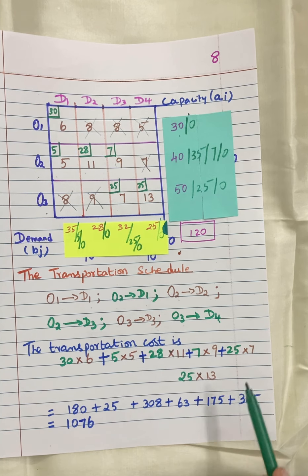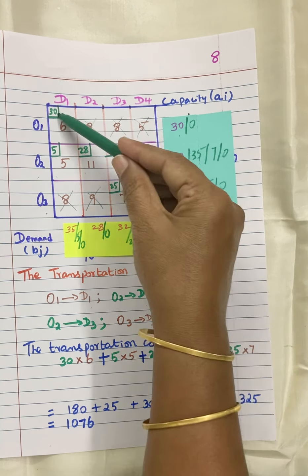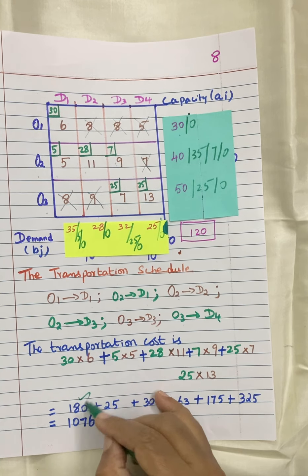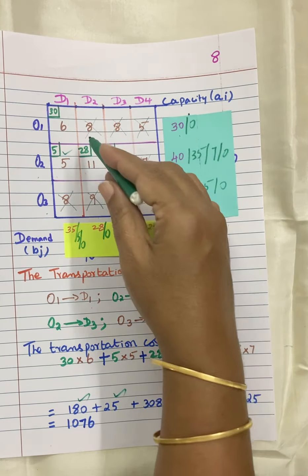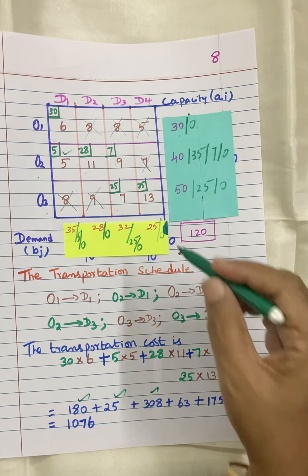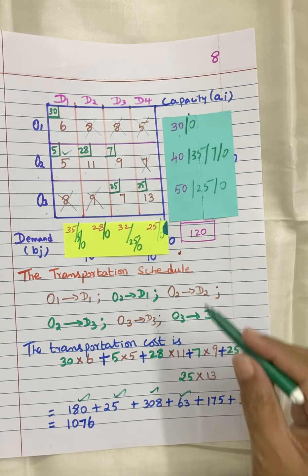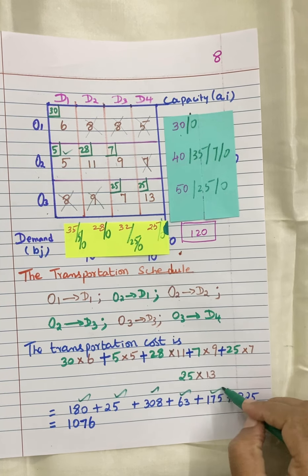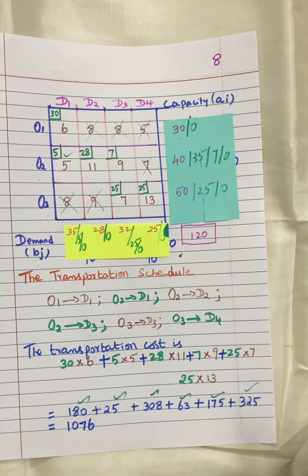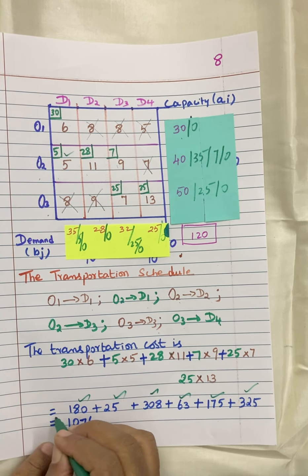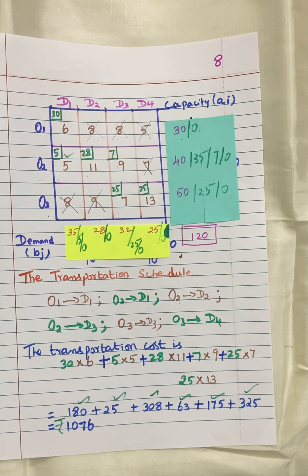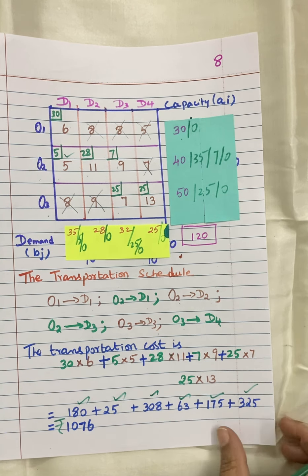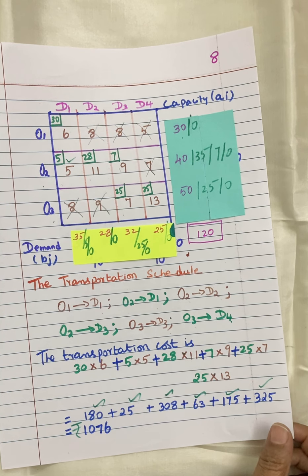The transportation value I have written: 30 into 6, 180. 5 into 5, 25. 28 into 11, 7 into 9. 25 into 7, 25 into 13. The total is 1076 cost, the transportation cost. So this is the method of the northwest corner. Thank you.